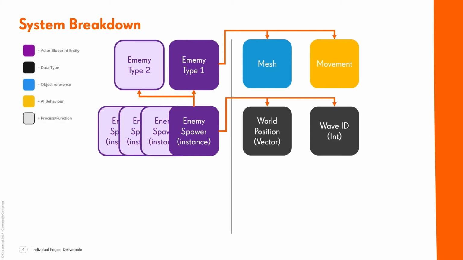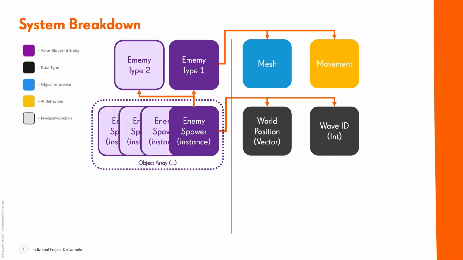So as you place all these spawner instances in the level, you'll have the vector location for each of the spawners where the enemies will appear, and the corresponding wave ID number, and that will be utilized later on in the manager.